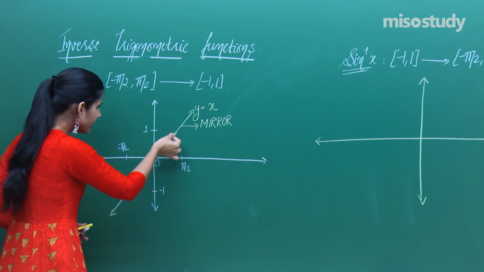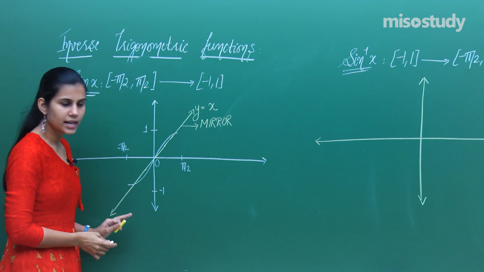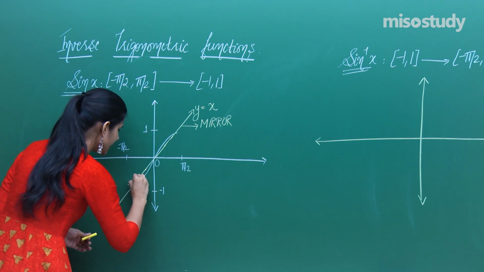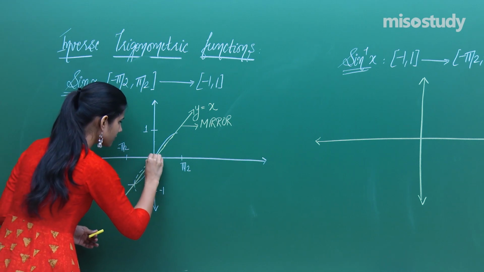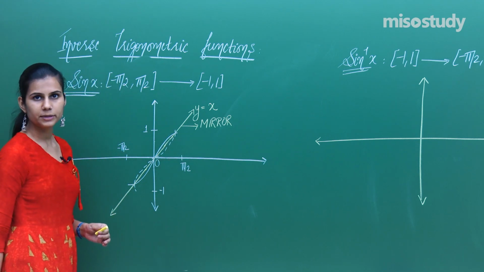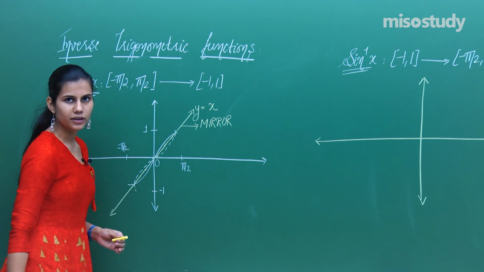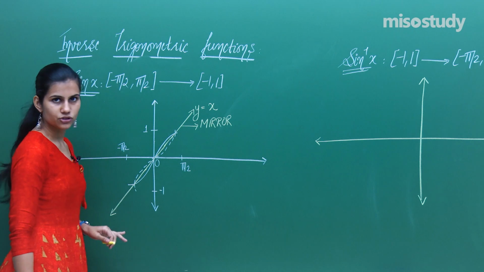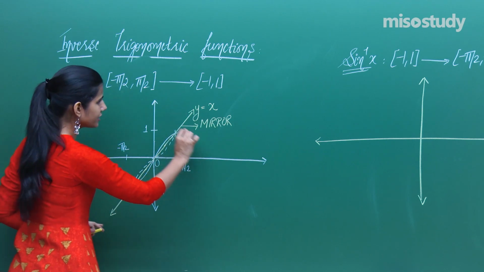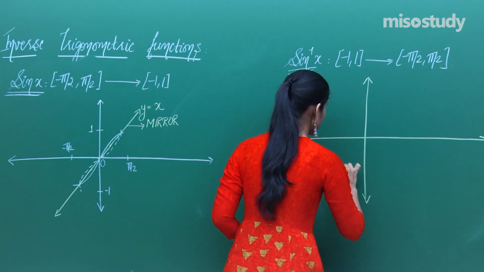And you take the mirror image of this graph with respect to this mirror, which is this line. When you take the mirror image, this is what you get, the dotted part of the graph. I am just taking the mirror image of the drawn graph of the sine function. This comes as the mirror image corresponding to the mirror, which is the line y equals x. Just draw this dotted line here and you have your graph of sine inverse.